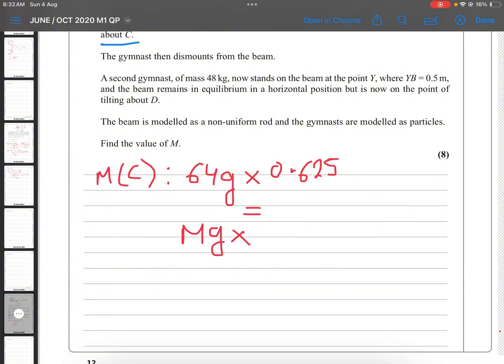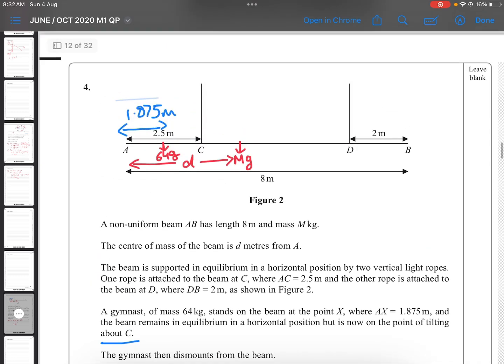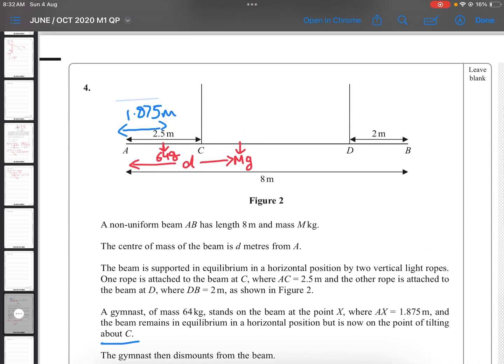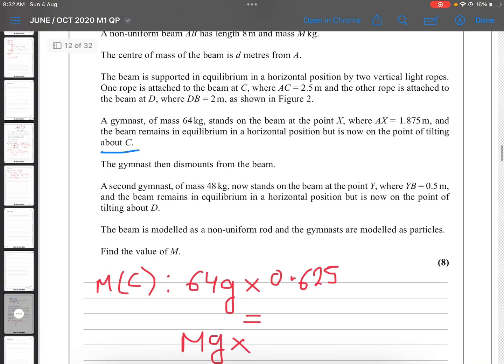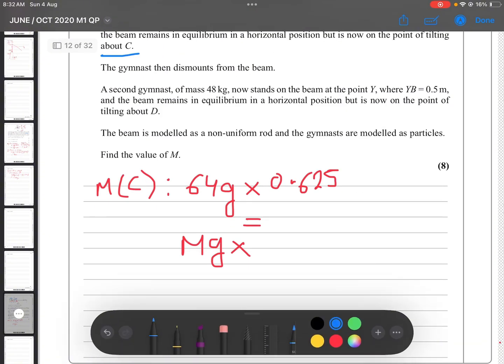times. Now again, you can see from mg to A is d and A to C is 2.5. We need this distance, right? So d minus 2.5 is going to give me this distance. So let's write it as d minus 2.5. Okay, so g and g will be cancelled.